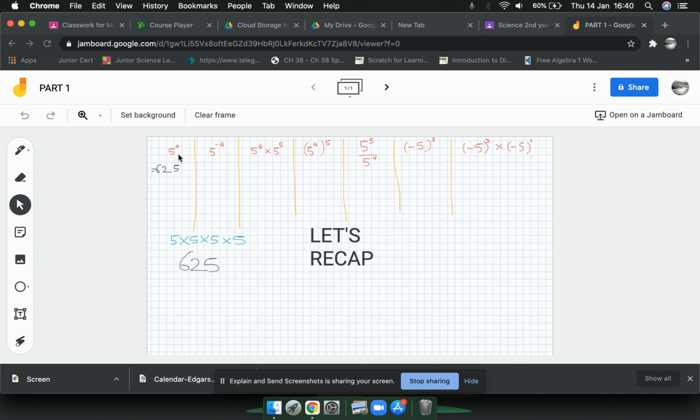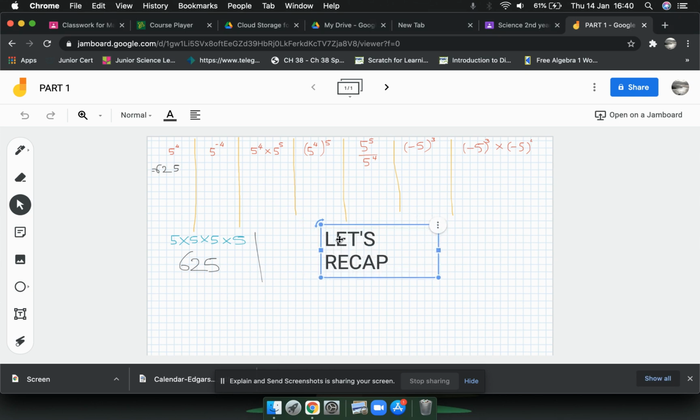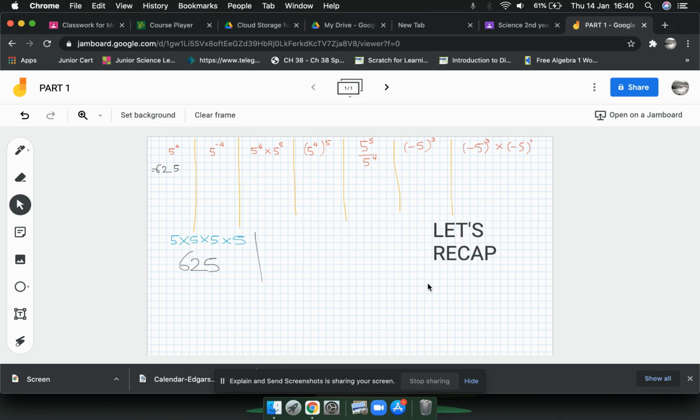So the next thing we want to look at is what would we do if we were told to take this question here, 5 to the power of minus 4, and we were asked to turn this into a fraction. How could we turn that into a fraction?